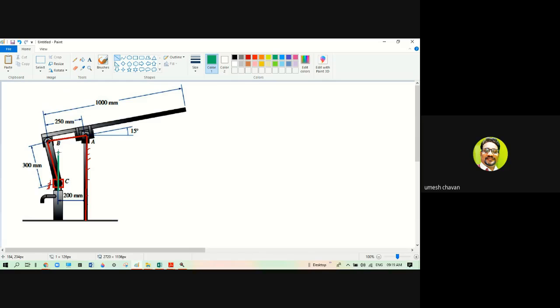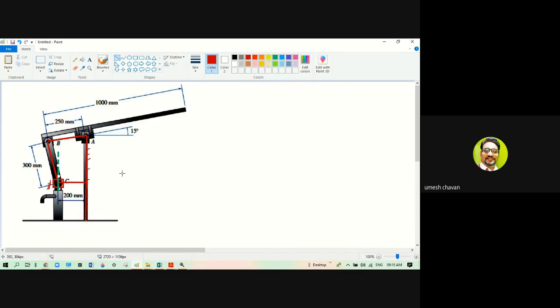You can represent that as a center line. And the role of this horizontal line, the horizontal distance, is like an offset slider crank mechanism.